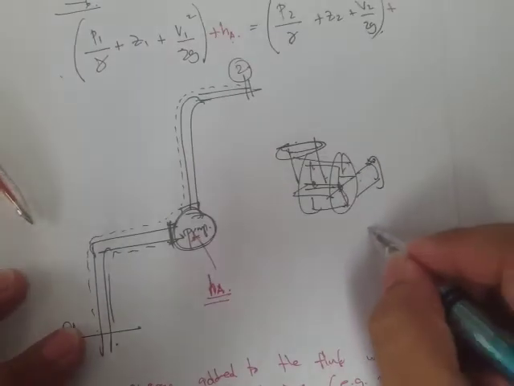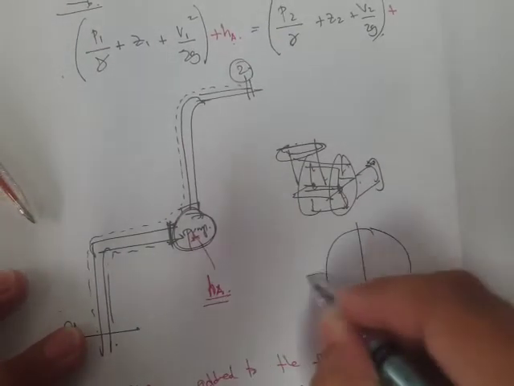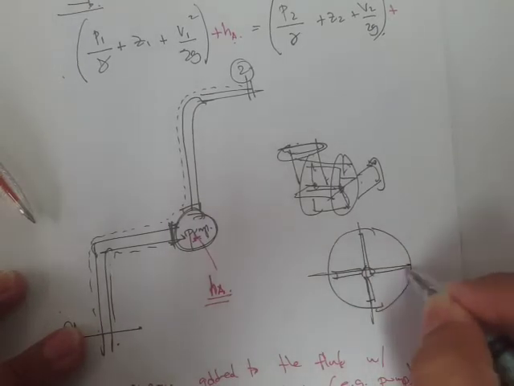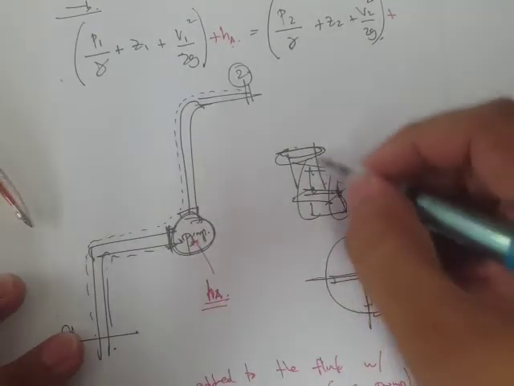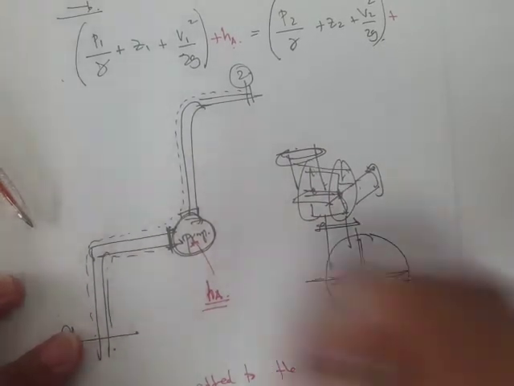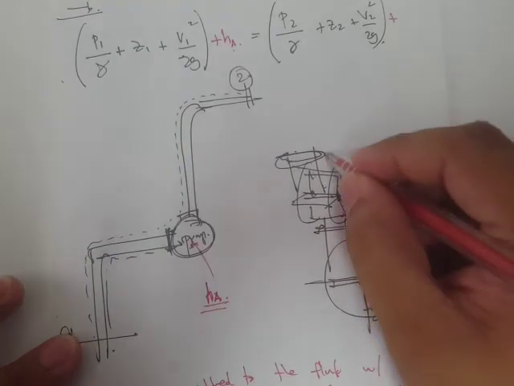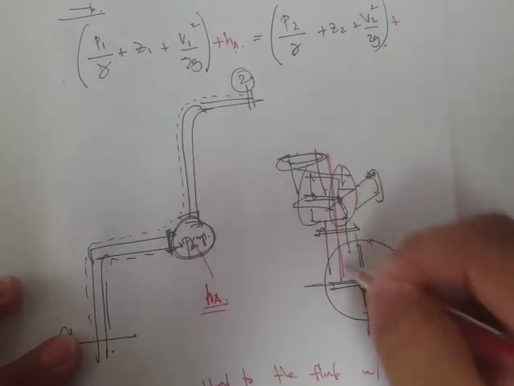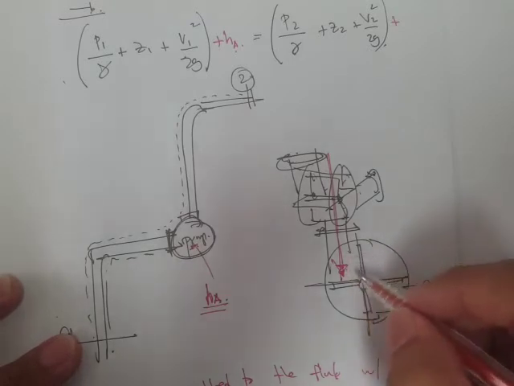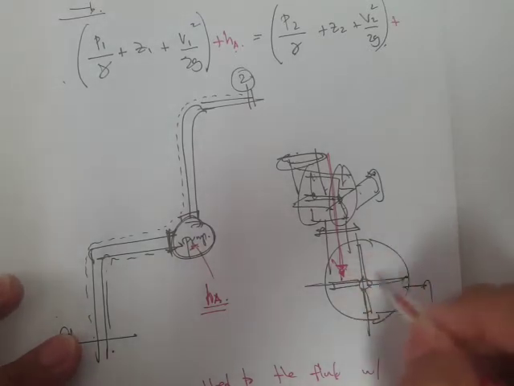Now if we draw the side view, this is just an illustration. If we have a pipe right here, inlet, and then this is the outlet, then of course if you have a fluid motion going inside, because of the fluid force, this would rotate, right?